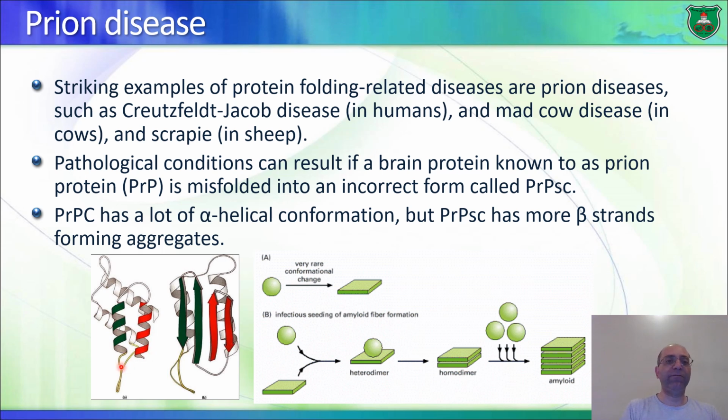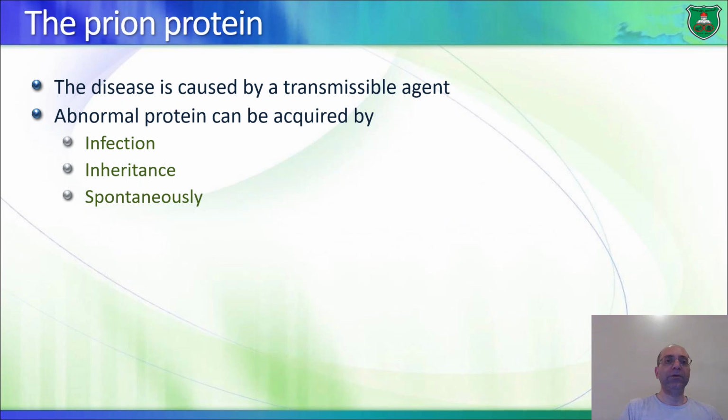Now, the correctly folded protein is mainly alpha helical. In the misfolded protein, the secondary structures change from alpha helices to strands and beta sheets. The prion disease can be acquired by infection mainly.